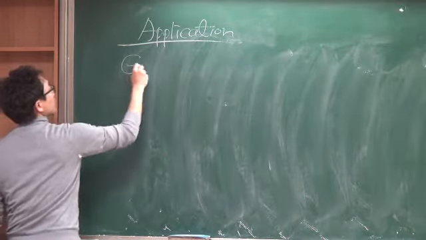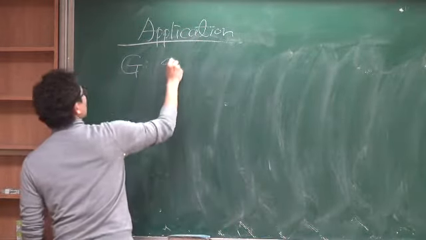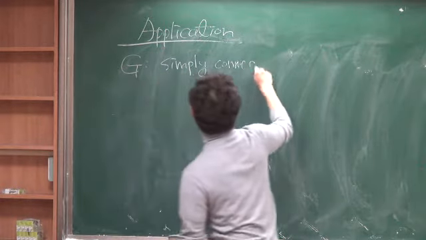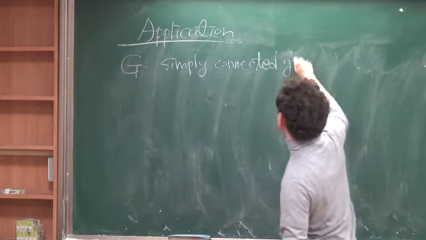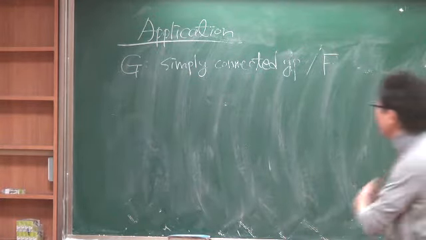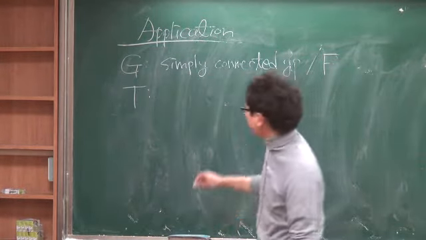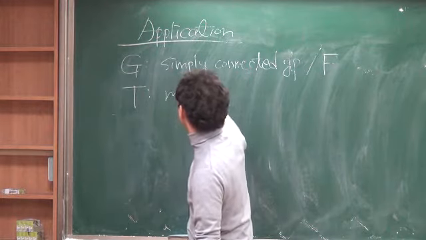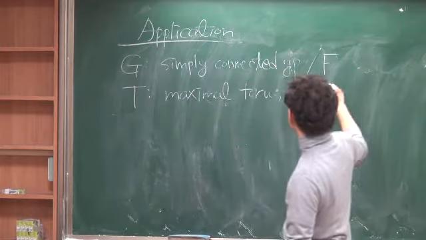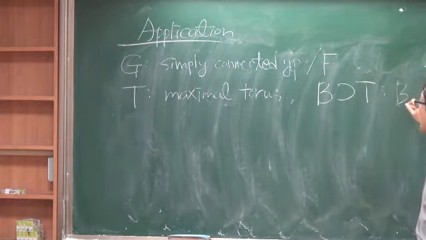We consider a split simply connected group G over a field F, and we fix a split maximal torus T. And we fix a Borel subgroup containing this torus.